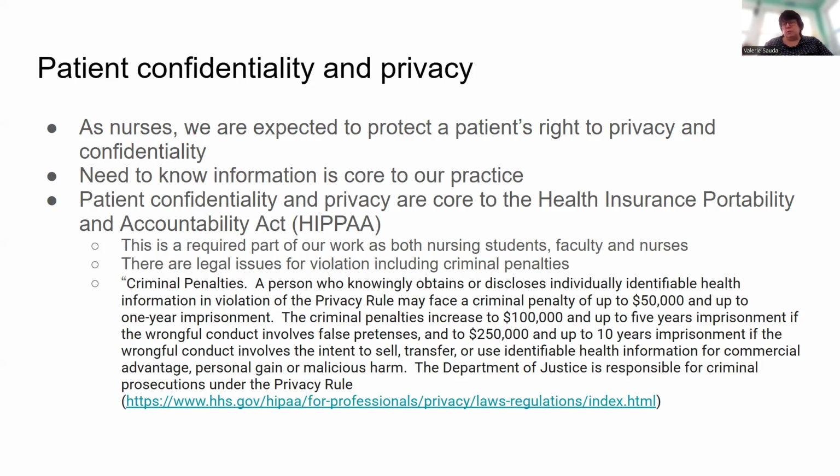The U.S. Department of Justice is responsible for prosecuting any violations of HIPAA rules. It's very important that you know that, because if you violate HIPAA, it could have significant implications at the end of the program or even during the program.